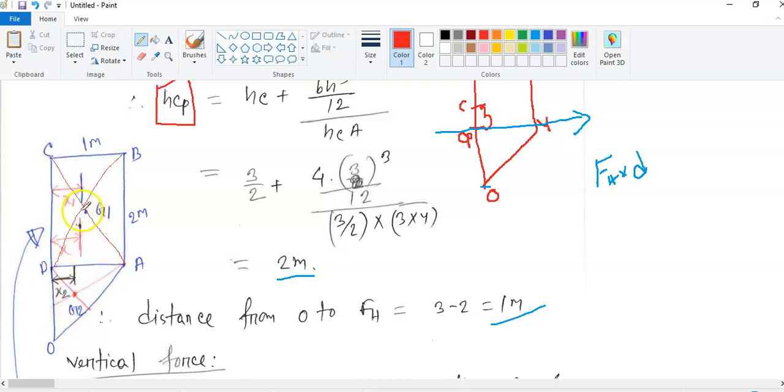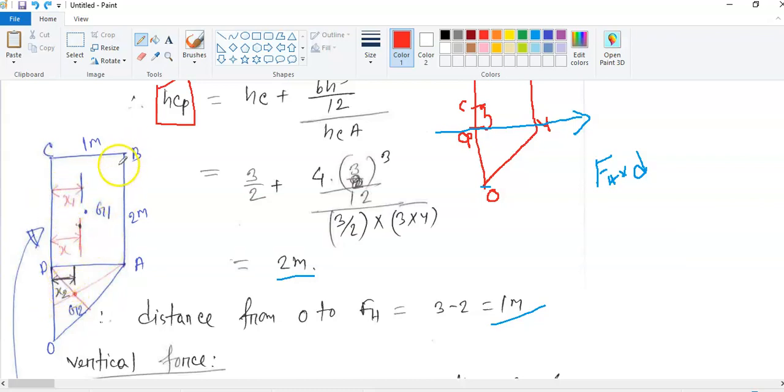For this rectangle, the distance from here to this centroid is x1. For this triangle, the distance from here to here is x2. I will remove these two lines for better understanding. Here you see we got this centroid by using this diagonal. So this distance is x1, this distance is x2.